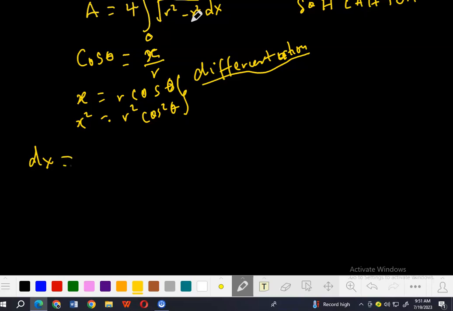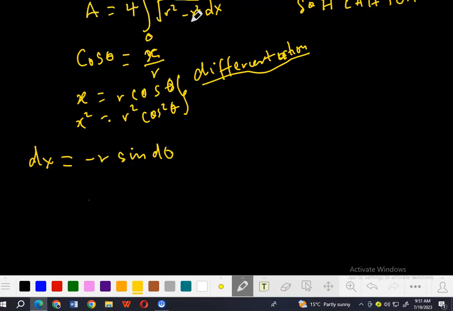And this is equal to negative r sine theta d theta. Because when you differentiate a cosine, you will get a negative sign. Simply bring the negative sign upward in front and write this. So this is what we have now.